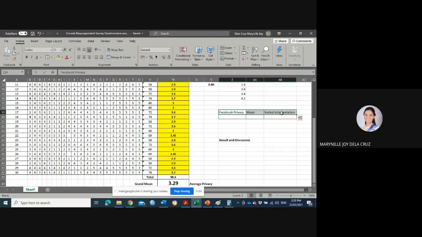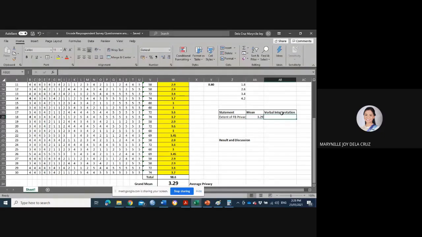Now, your Facebook privacy, this one is for statement. Extent of FB privacy. Mean score is 3.29. That is our table.